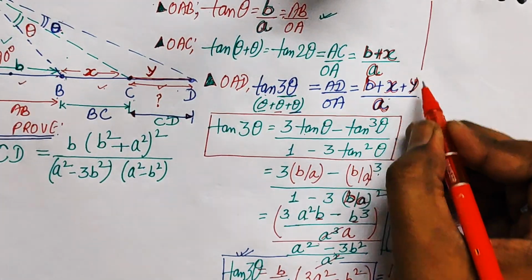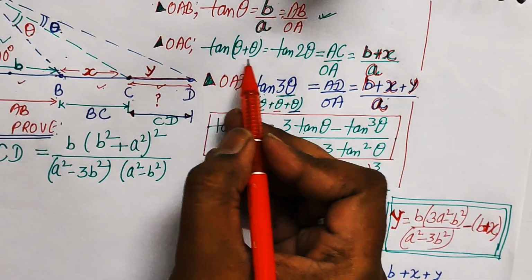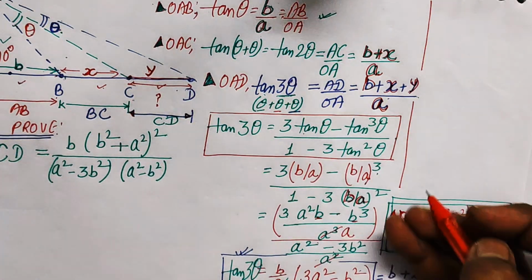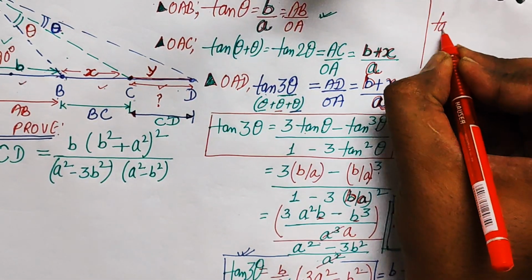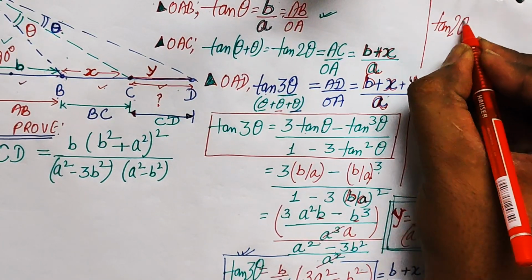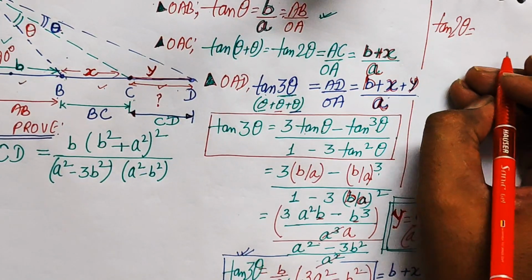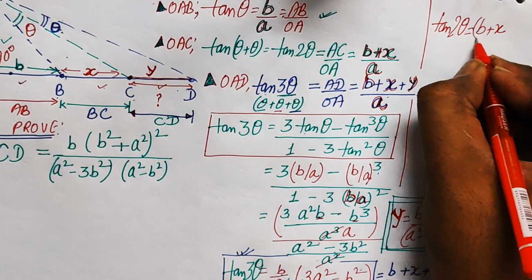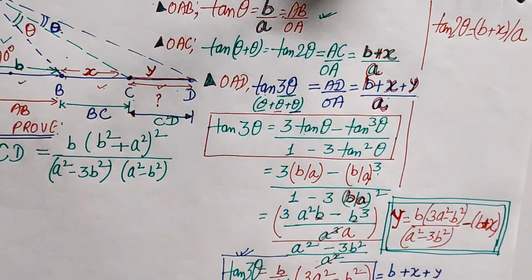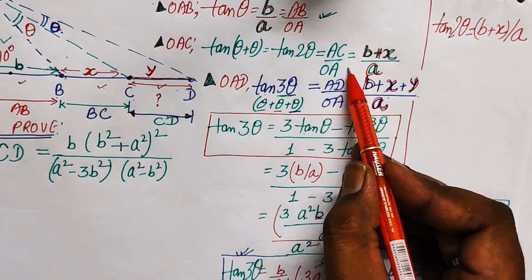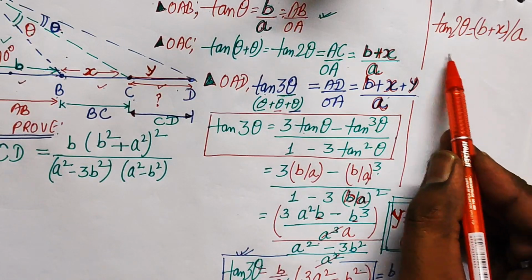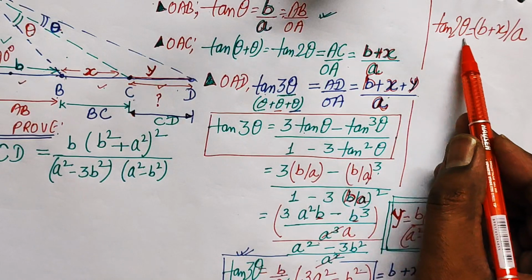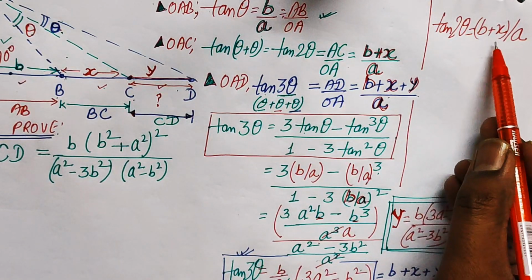Also, let us put up the value of tan 2 theta equal to (b plus x) by a and see what is coming. Okay, so I'm writing over here, since tan of 2 theta is equal to (b plus x) by a, isn't it? Here you can see this. I'm writing the same statement again over here: the value of tan 2 theta is equal to (b plus x) by a, which I have taken.